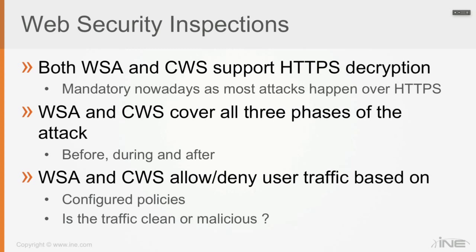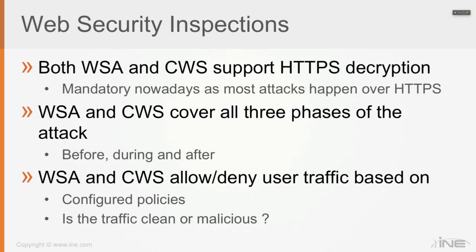Based on configured policies, from the management point of view: is the user allowed to request web access to that specific website? And secondly, is the traffic clean or malicious? So in the end, both web security products are going to allow or disallow the traffic based on those two main decisions. Is the user allowed to get access to that resource, and is that traffic clean or malicious?